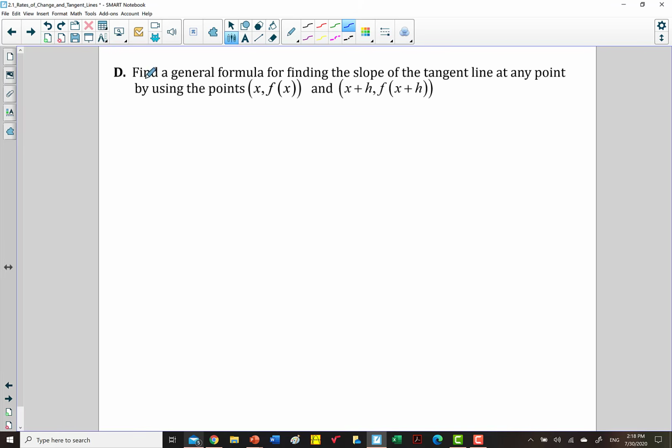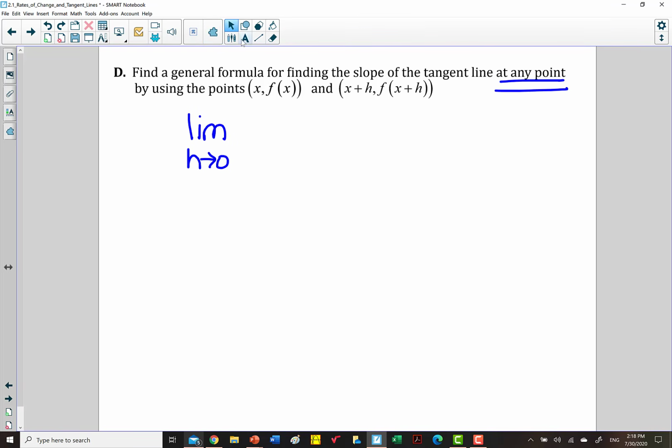And then to finish it up, how do you find the general formula for the slope of the tangent line at any point using x and f of x, and then x plus h and f of x plus h. That's the difference quotient using the limit for the definition of the derivative.